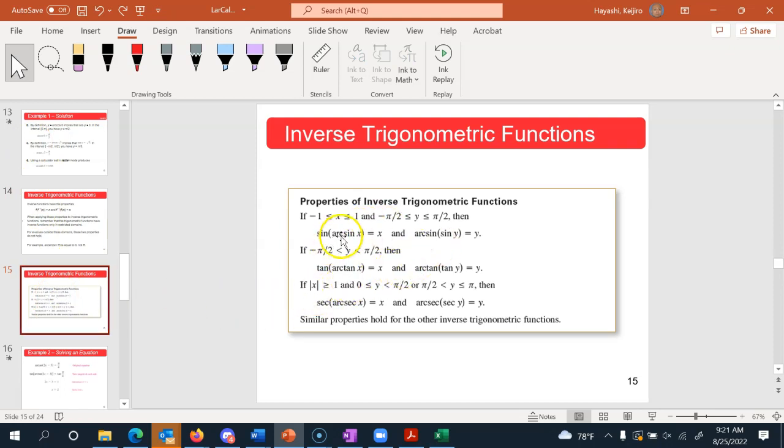So these are the cases where they do cancel out. And you don't necessarily have to write this down, but just be aware that it is a thing that happens. As long as you're within this range of angles, then yes, they will cancel each other out.